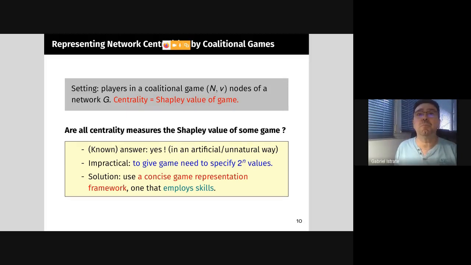So in the multi-agent literature, there's been quite a bit of work on what's known as concise game representation frameworks. And my proposal in the paper was to use one such representation and see what it is good for. And it happens to be one which employs the notion of skills and tasks.